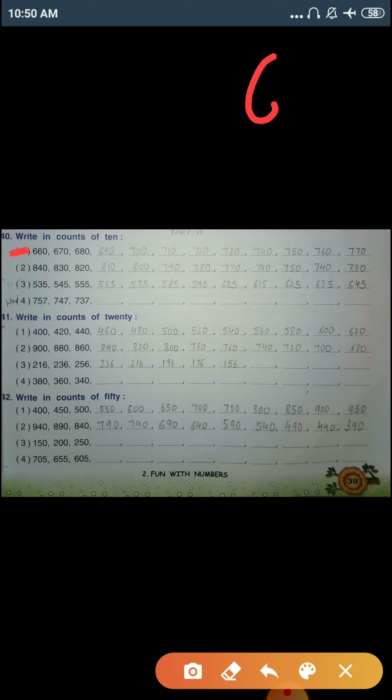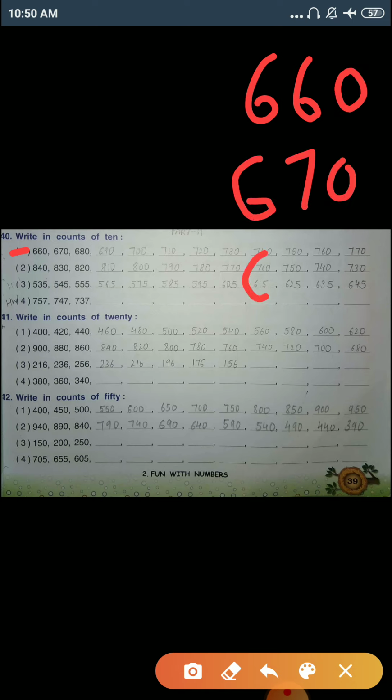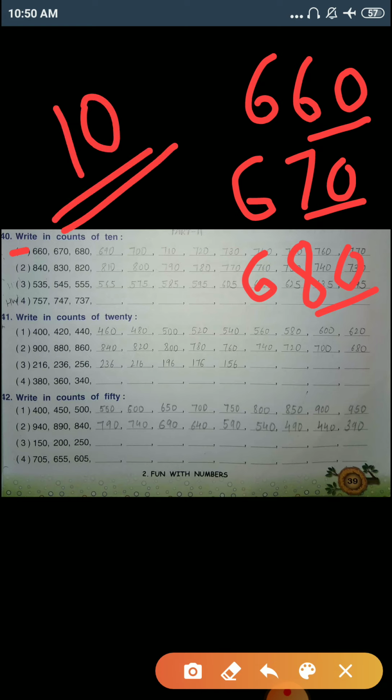First is 660, after that 670, after that 680. You can see here the order is increasing order. See, 60, 70 and 80. That means the numbers are increasing by how much? By 10.